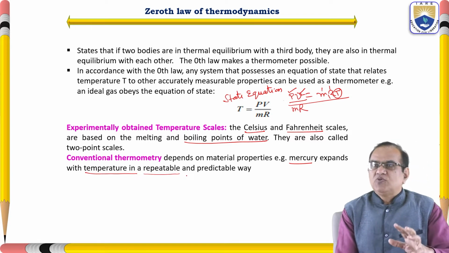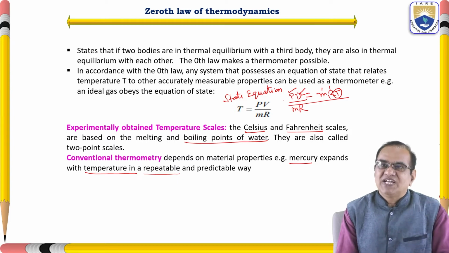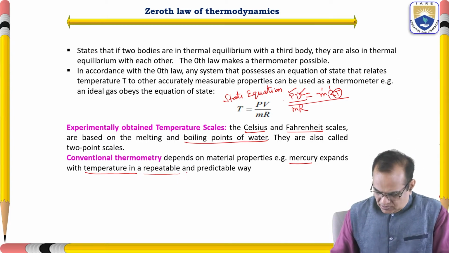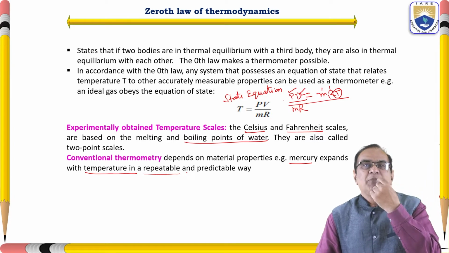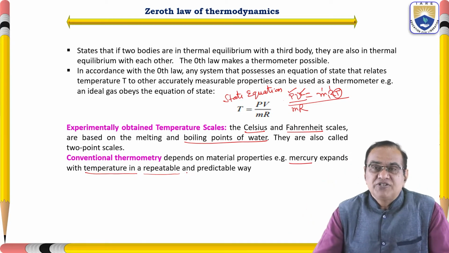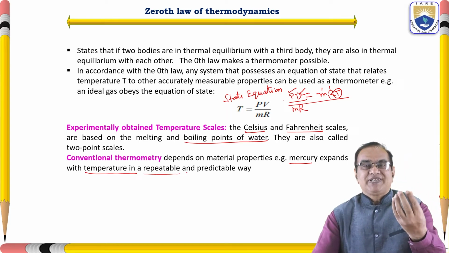However many times you do it, it will reach a certain height. Like this, conventional thermometry was used, and you can see the medical thermometer which we put in our mouth to measure the temperature. The doctors measure in Fahrenheit. So these types of thermometers are used.